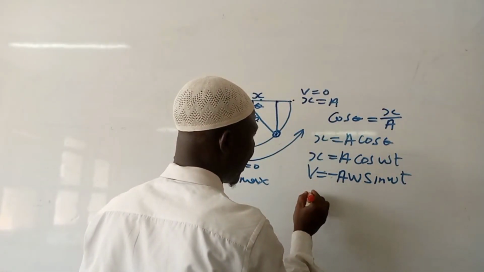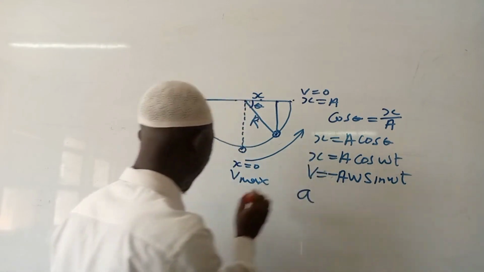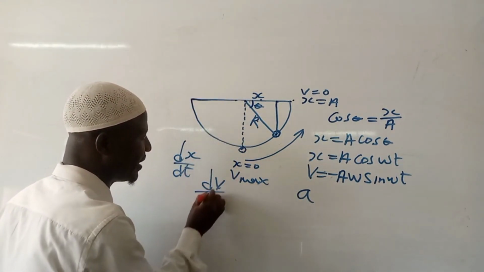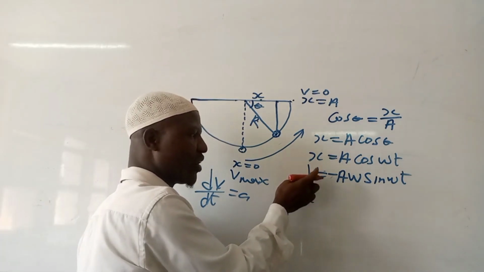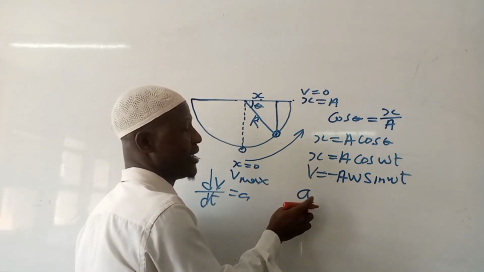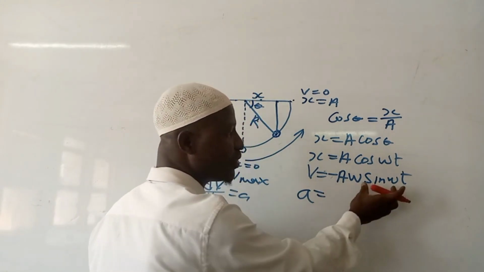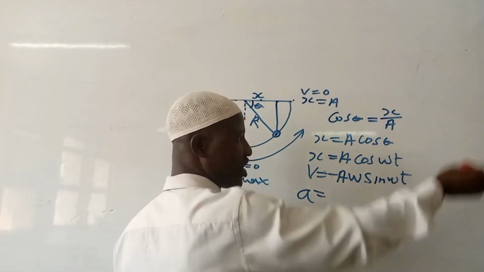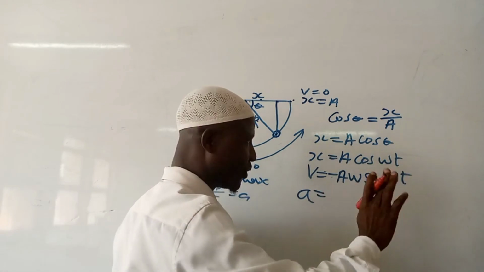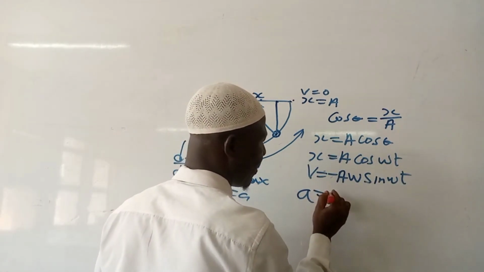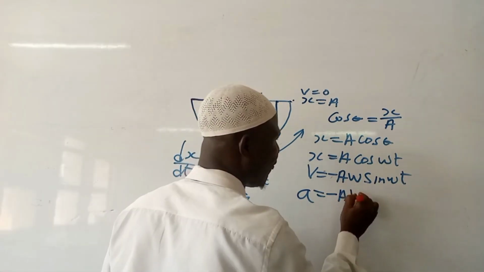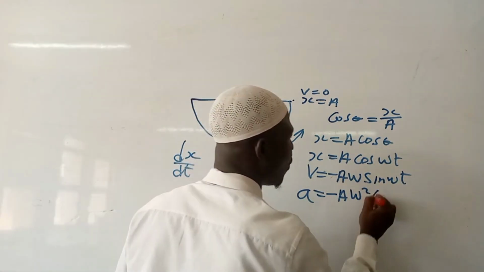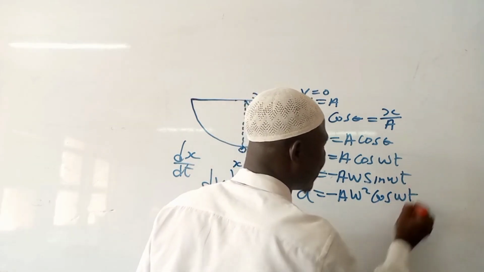Now we have acceleration. Don't forget dv/dt is equal to a. So when you differentiate the velocity with respect to t, you are going to have a is equal to, then when you differentiate sine, it will give you cos without minus. So we are going to have a is equal to minus a, then this omega will come back here, so we are going to have omega square again cos omega t.